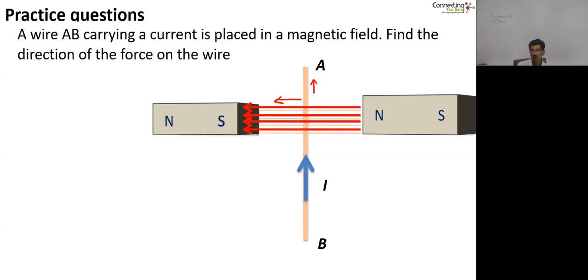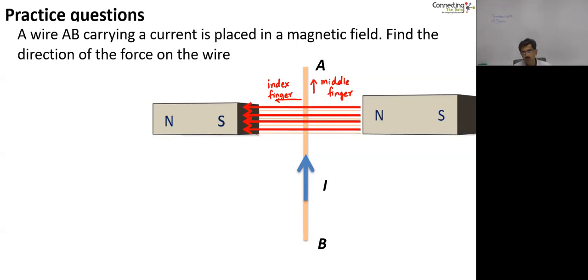If you imagine your left hand with the 3 fingers, your middle finger pointing in the direction of the current, your index finger pointing in the direction of the magnetic field, then your thumb will be pointing towards you.